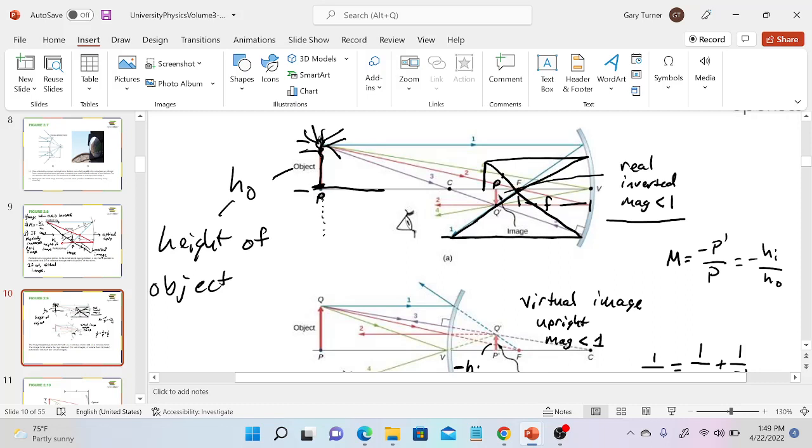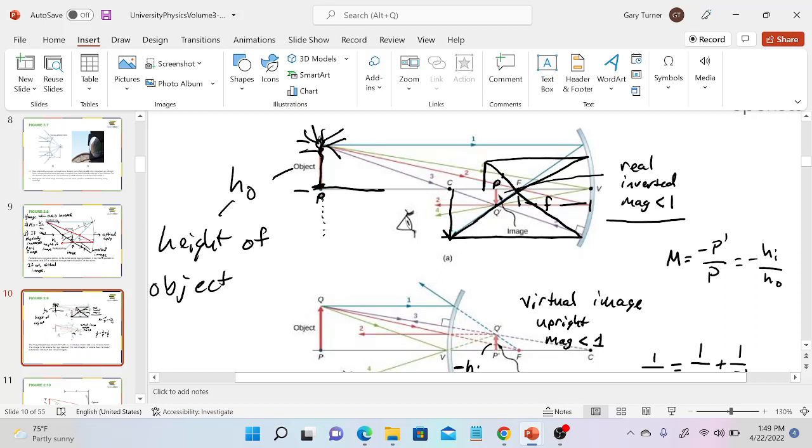So what you're doing in that case is your image is still going to be inverted, but it's going to be magnified. So you're going to see a magnification larger than 1. It's going to look bigger.